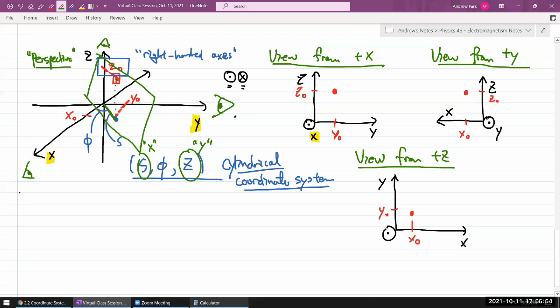If you wanted to know the distance to the whole point, you would say the distance r is the square root of s squared plus g squared. So that's another sense in which this cylindrical coordinate system is a way to divide up your three-dimensional representation into different slices of two-dimensional representation.